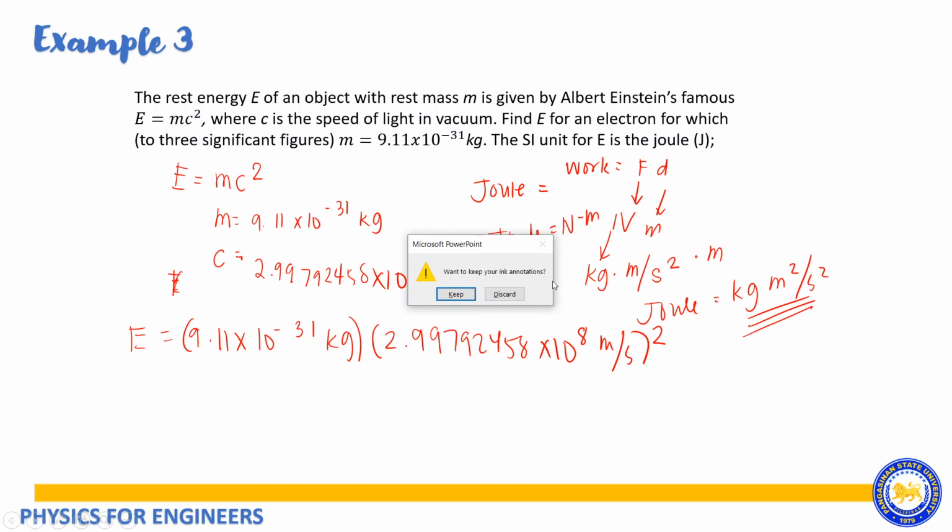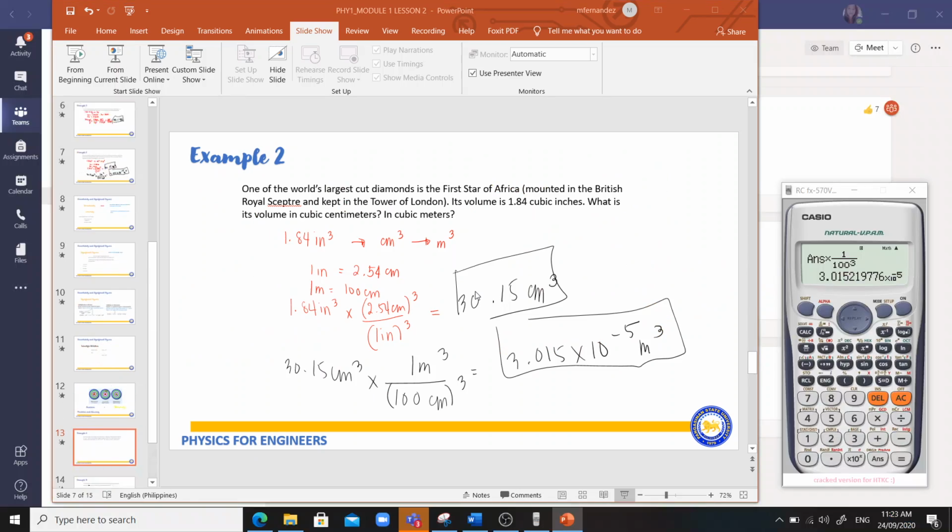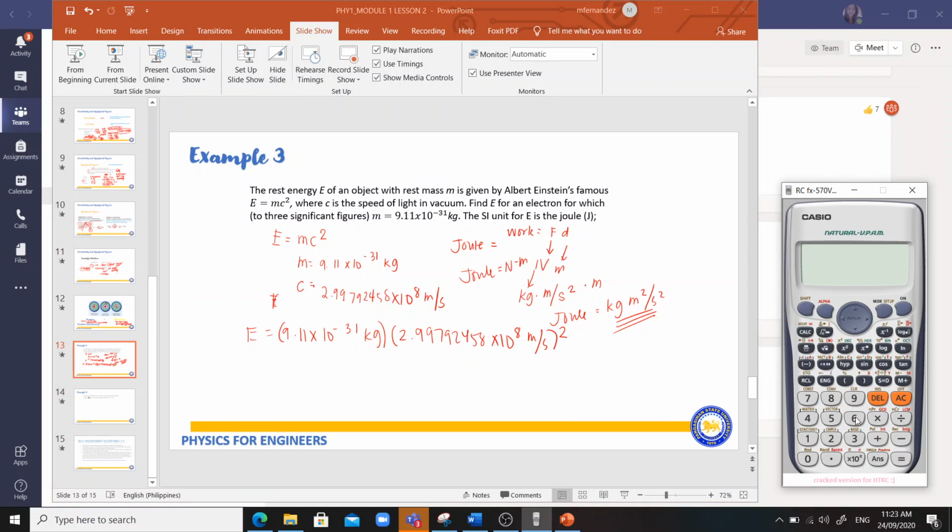So, gamit tayo ng calcu. 9.11 exponent negative 31 times 2.99792458 exponent 8, squared. Yan.